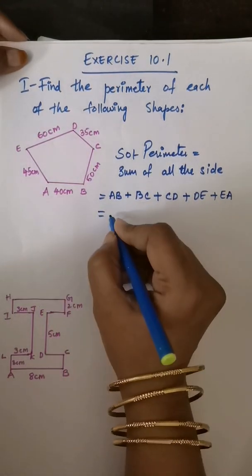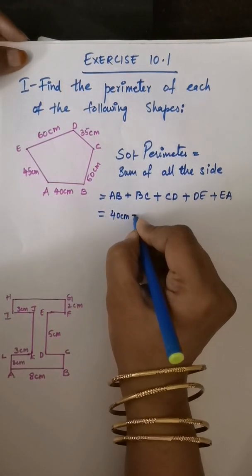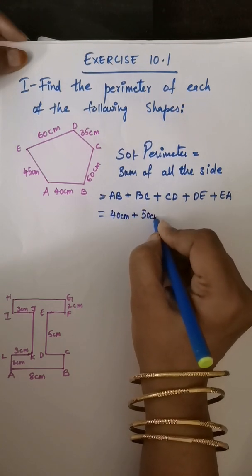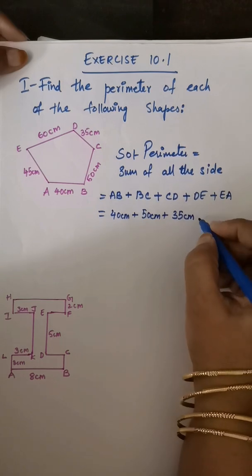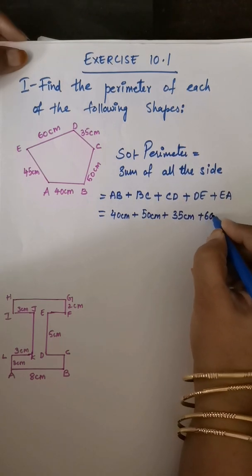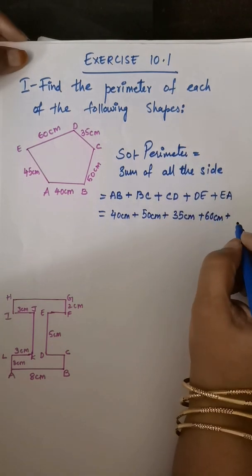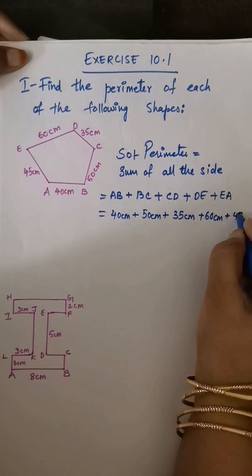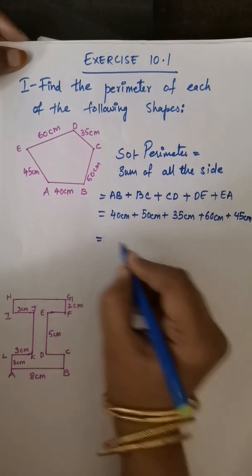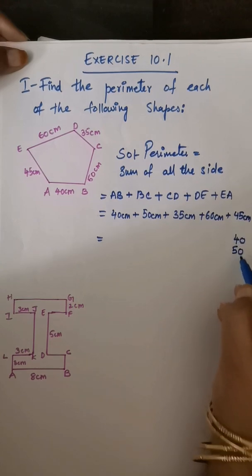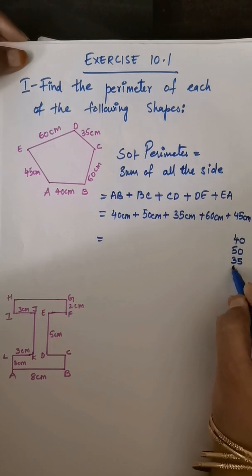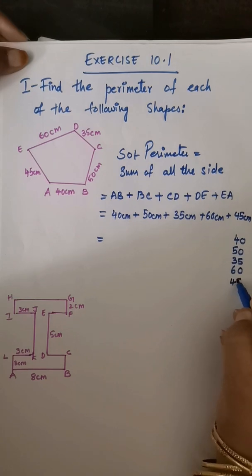Now what is AB? It is equal to 40 centimeter. BC is how much? 50 centimeter. CD is how much? 35 centimeter. DE is how much? 60 centimeter. EA is how much? 45 centimeter. Okay. You can make a rough column on the side. 40, 50, 35, 60, 45. 5 and 5, 10.